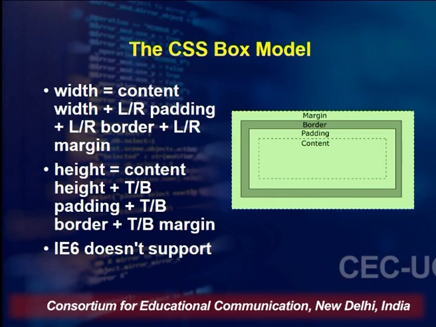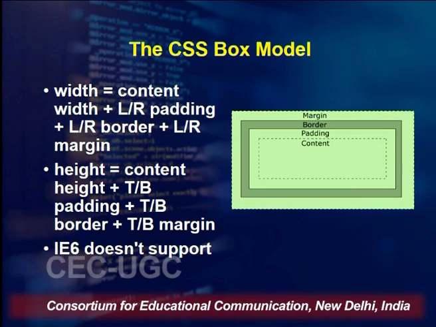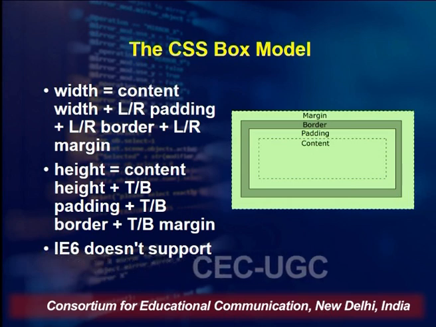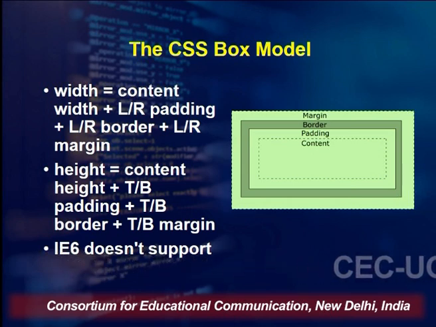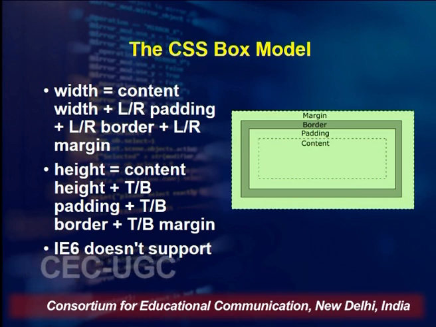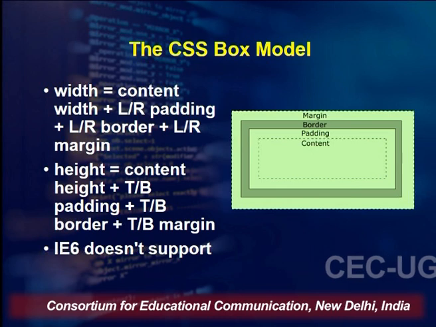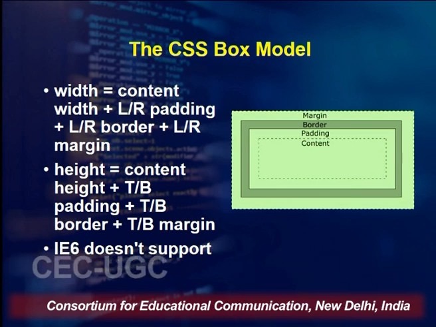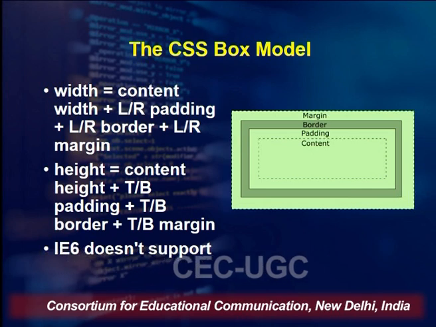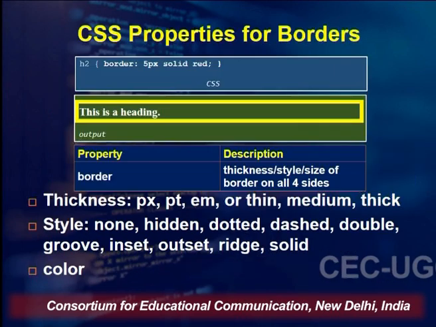Likewise, height will also be the content height, the padding height, the border height and the margin height. Of course, older versions of Internet Explorer and some of the older browsers do not support this box model, so whatever properties we specify may not appear properly, but most of the latest browsers support this.